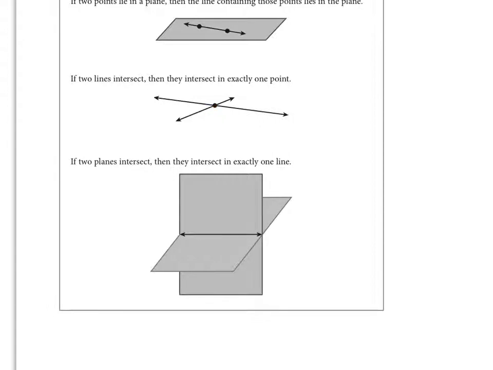That means they're not going to intersect a second time or a third time or anything like that. And the very last postulate is if 2 planes intersect, you have this plane going up and down, you have this plane kind of going forwards and backwards, so like a 3D figure here. They intersect at a line right here. And remember, because the planes go on forever in all directions, the line goes on forever as well.